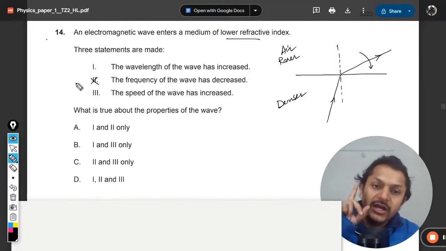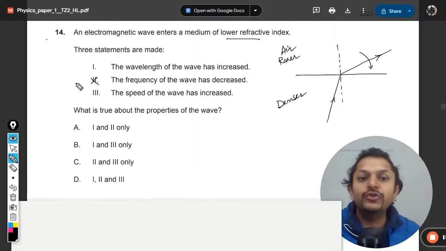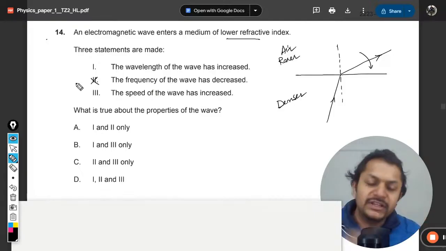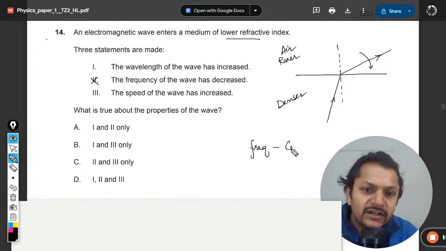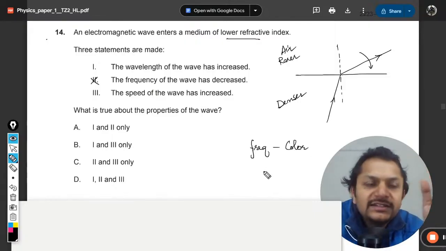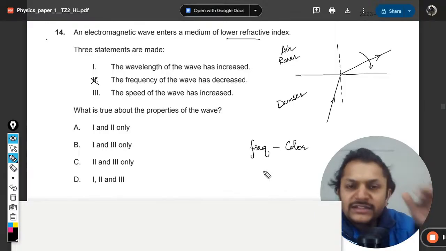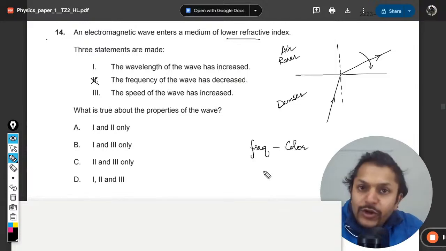Frequency doesn't change. Mind it, how can you remember this thing? Frequency is something that determines the color of the light. So let us say there is a red colored bulb inside the swimming pool, and that light is looking red.